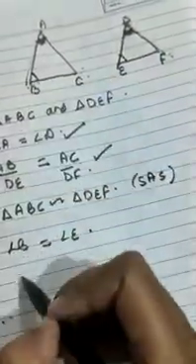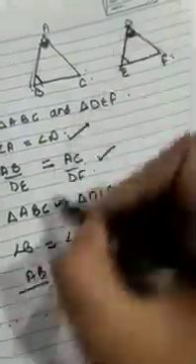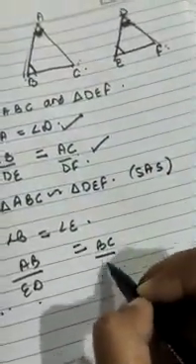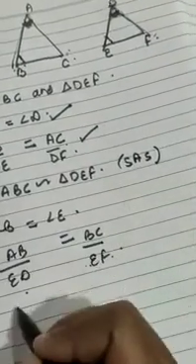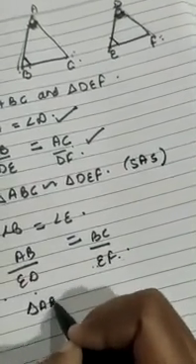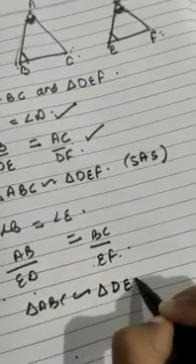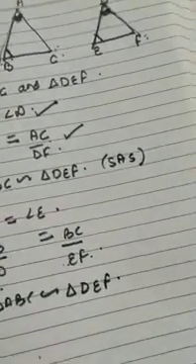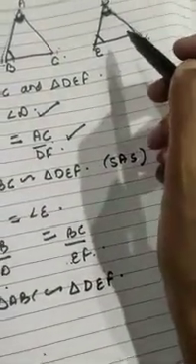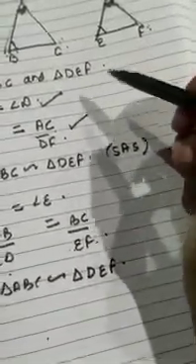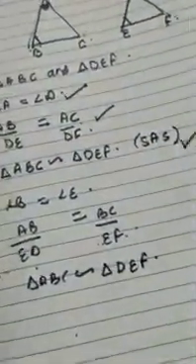So we can say that AB upon DE equals BC upon EF. So in this case also triangle ABC is similar to triangle DEF. It means we have to take those sides which include the equal angles. So by SAS you can prove that two triangles are similar.